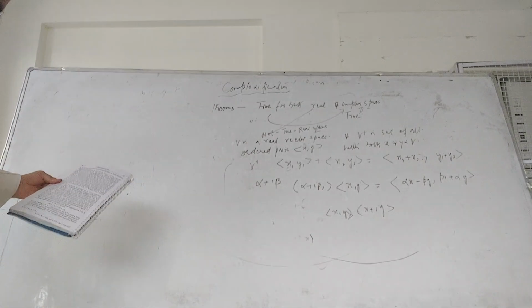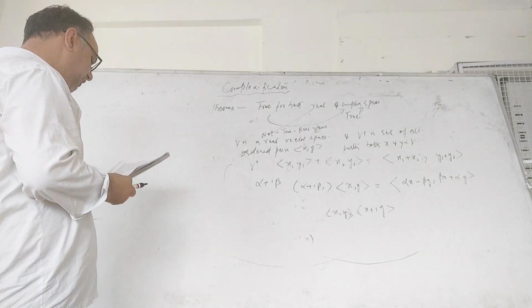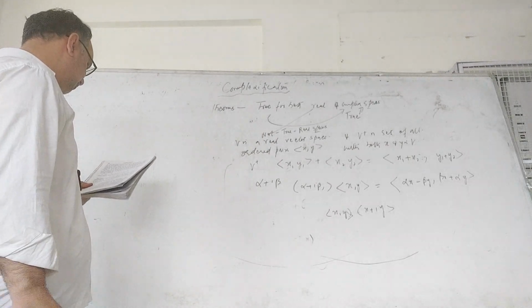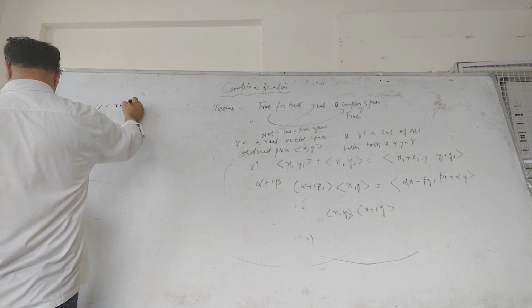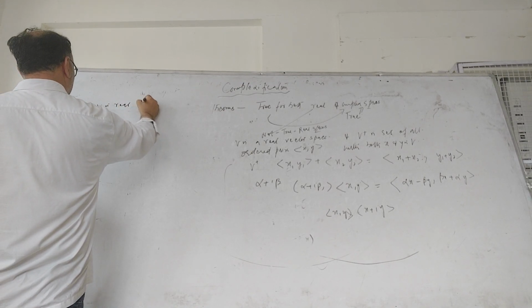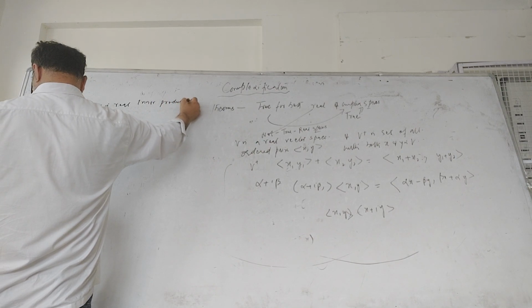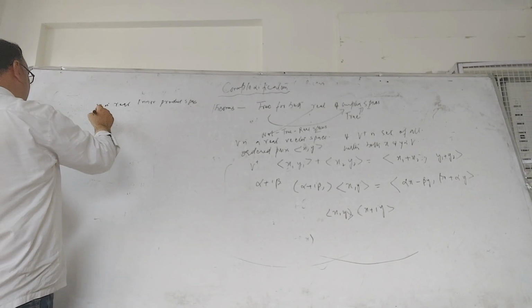So in the same context, how can we extend bilinear functionals to conjugate bilinear functionals? For example, if V is a real inner product space, there is a natural way of introducing a complex inner product.